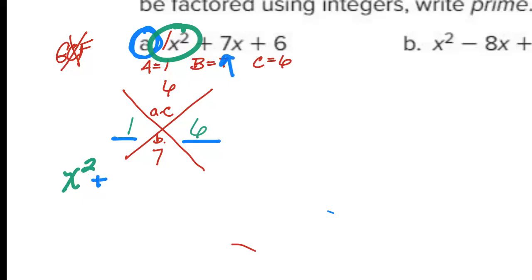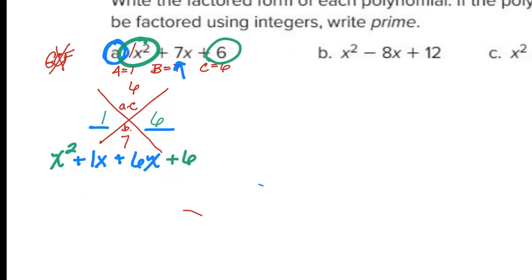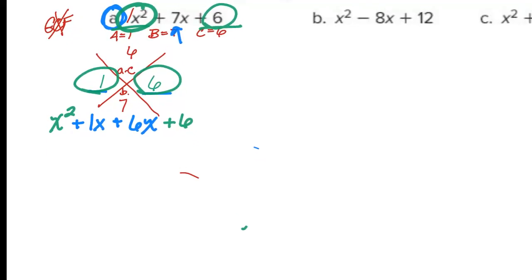So I'm going to rewrite it as 1x plus 6x. And then I come and write the last term, plus 6. So your first term and your last term are going to stay the same. The middle term changes to these two that you just found. And then we're going to factor by grouping.